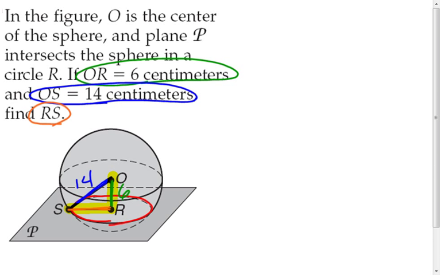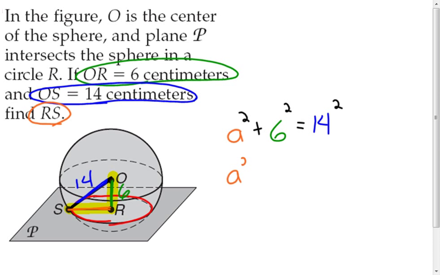So as I do that, I'm going to have a squared, which I don't know, plus my b is 6, square that, and it's going to be equal to my c, 14 squared. Now I just have to solve my equation.